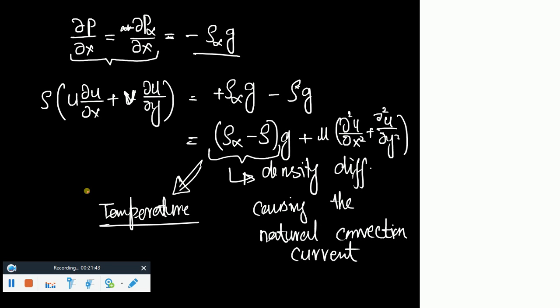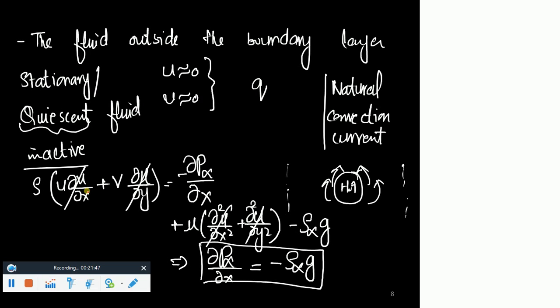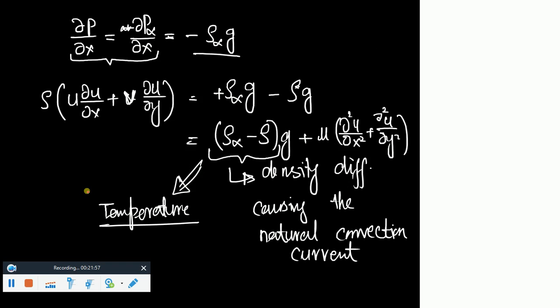Any questions so far? So in natural convection, you would not define the laminar and the turbulent flow based on the Reynolds number. You would define it based on the Grashof number.